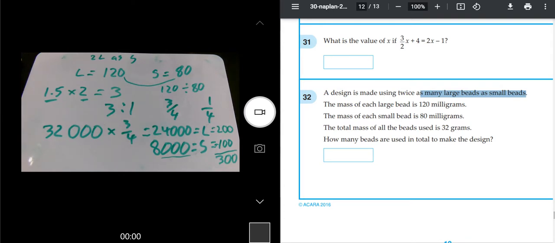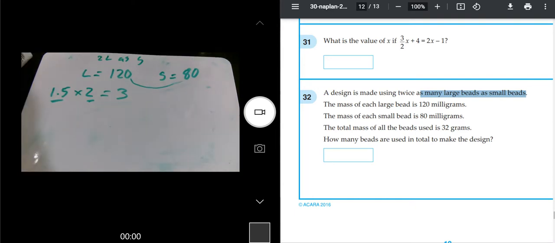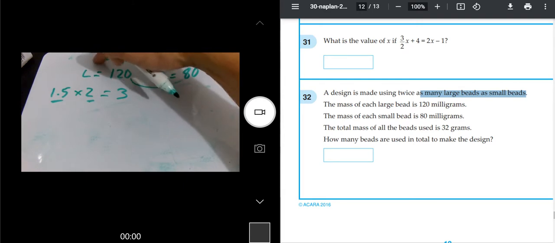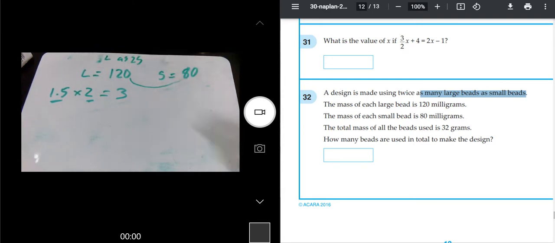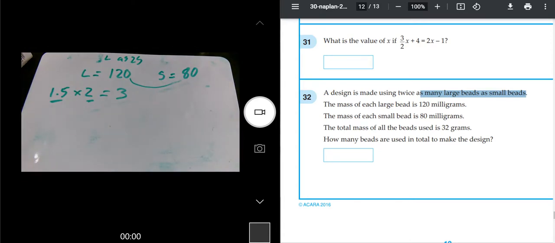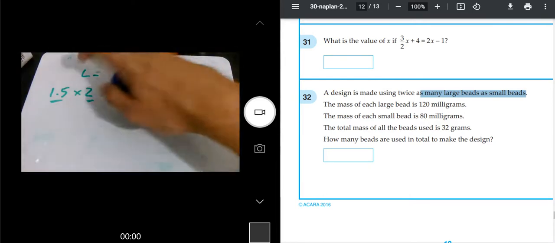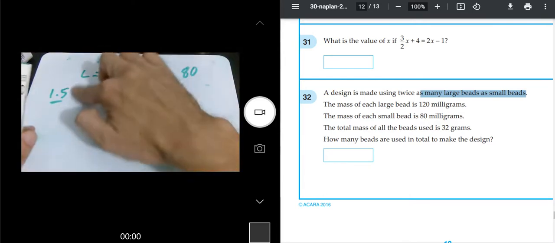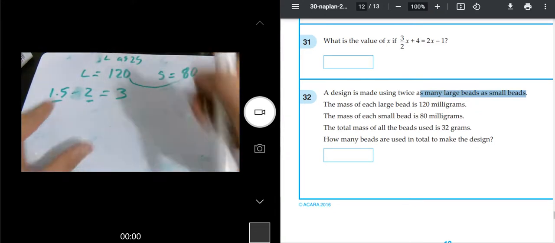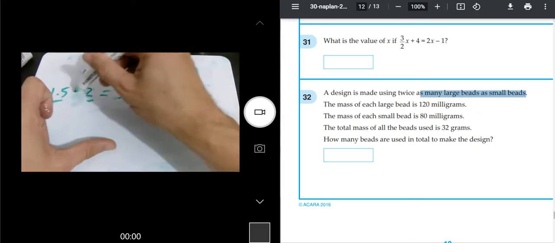So I'll just rub out some details here. Now if we were supposed to have twice as many small as large, the difference between the two is still 1.5. The larges weigh 1.5 times as much as the smalls, but now instead of multiplying by 2, we will instead be dividing by 2.